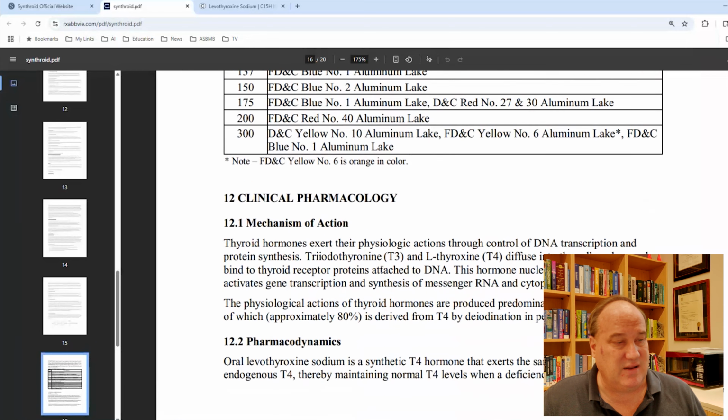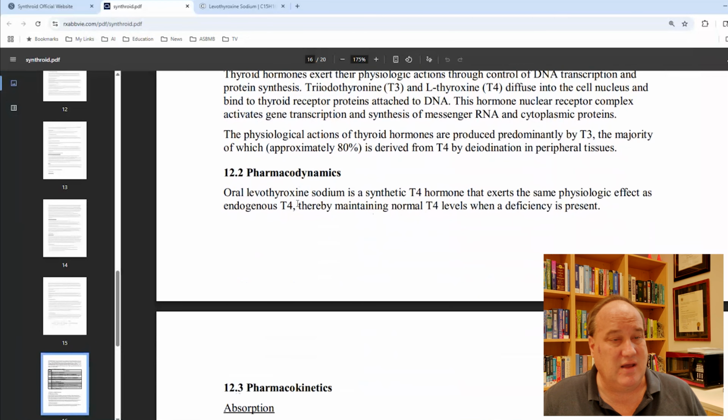And then the pharmacodynamics. So this just tells you what happens, the dynamic nature and the physiological effects once it gets into the body.